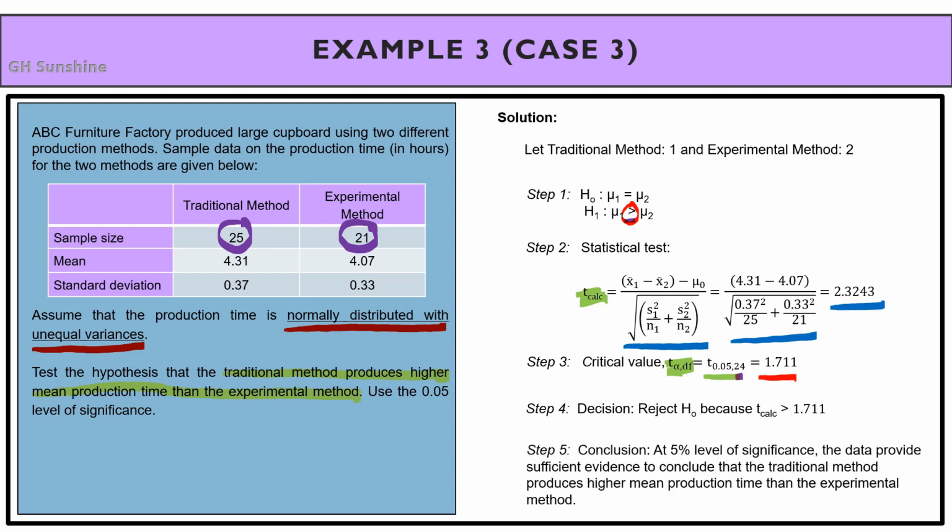As a conclusion, at 5% level of significance, the data provide sufficient evidence to conclude that the traditional method produces a higher mean production time than the experimental method. So this is the example to apply case number 3: both populations are normal, unknown variances, and also unequal variances.